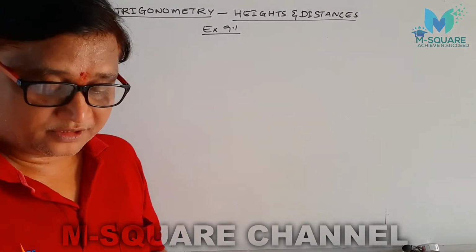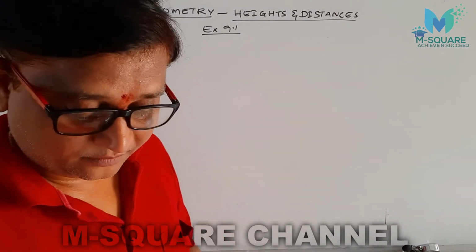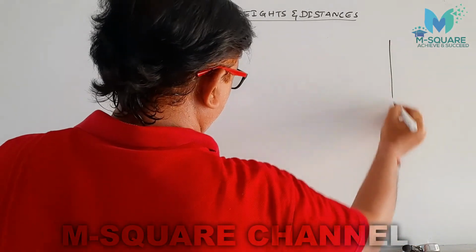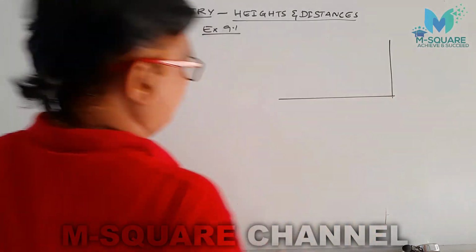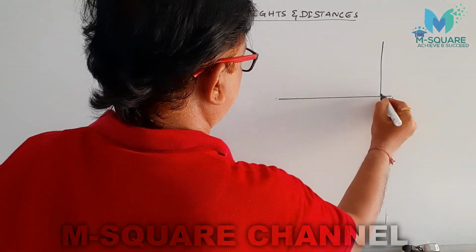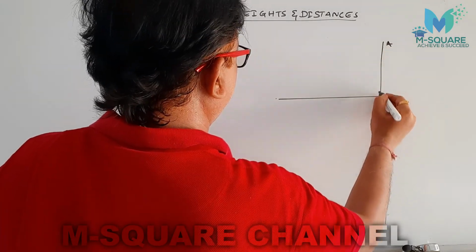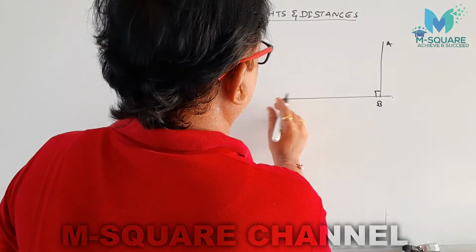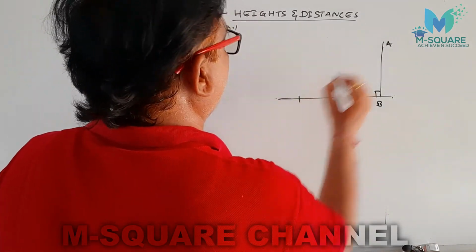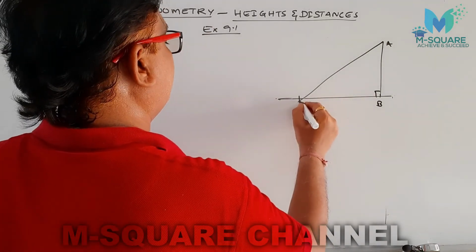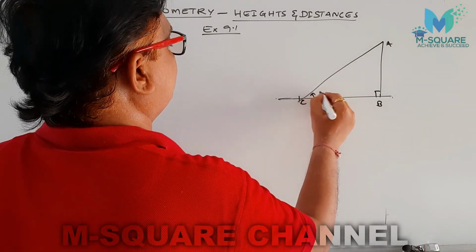So angle of elevation of the top of the tower from the point on the ground. That means first the pole, the tower. Let it be AB. Tower is always 90 degrees, and we are seeing the tower from the observing point, that is C, at 30 degrees.